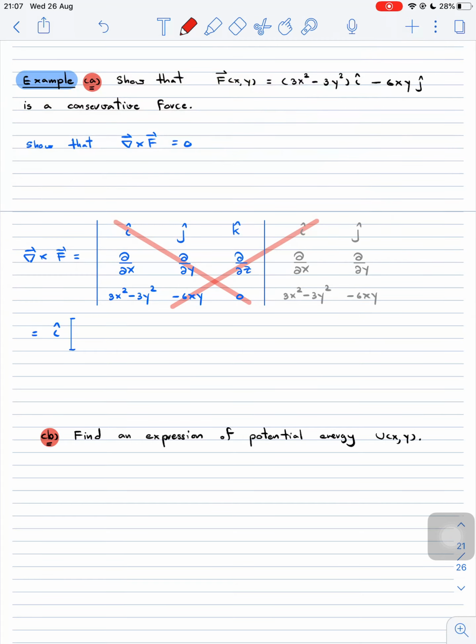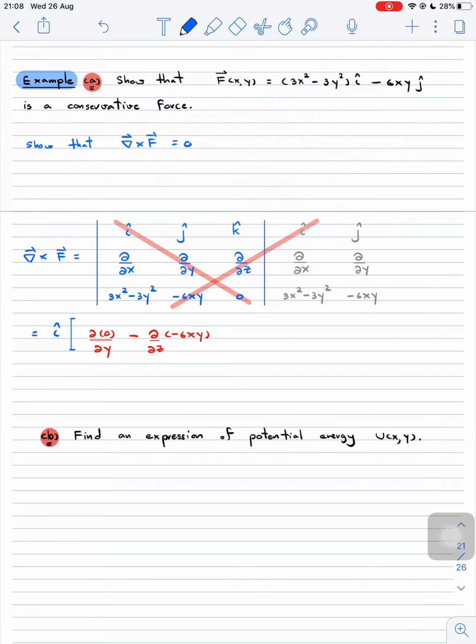This is red, right? We have the derivative of the 0 by dy for this one, and then minus, so it's going to be this one. It's going to be the d by dz of the minus 6xy.